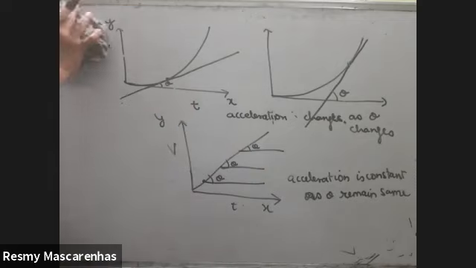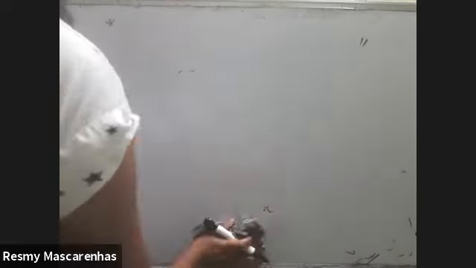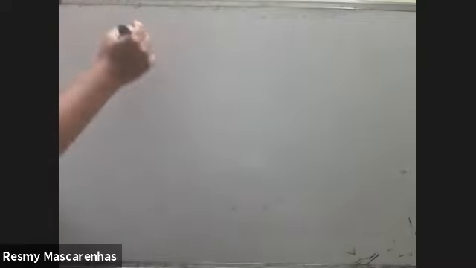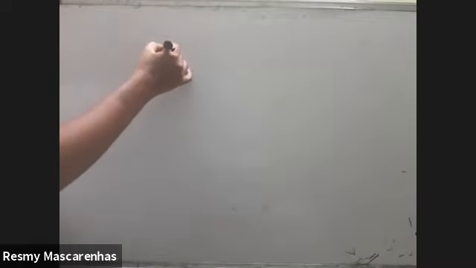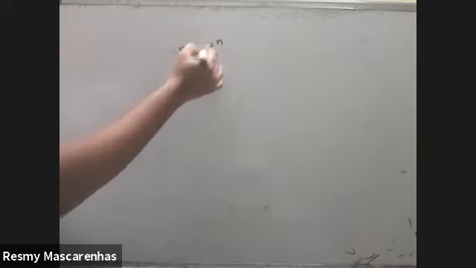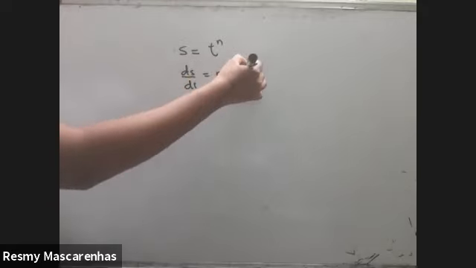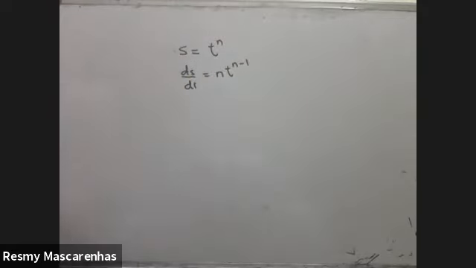Hope you all remember the derivatives, how to differentiate. The main formula quickly: if S is t raised to n, ds upon dt is always n t raised to n minus 1. This is the formula which we'll be using.